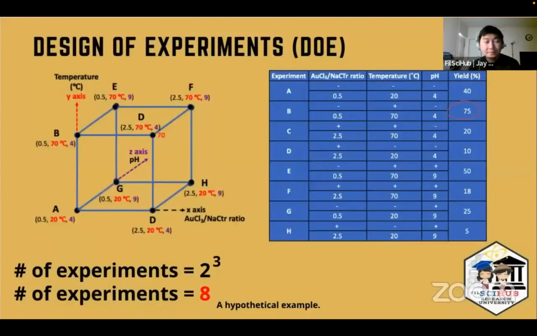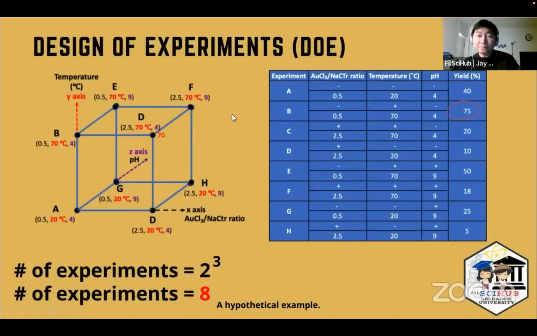Yeah. So the way this design of experiments works is we try to set bookend values to our different experimental variables. So in this case, I'm just giving this example on the preparation of gold nanoparticles using different experimental conditions.